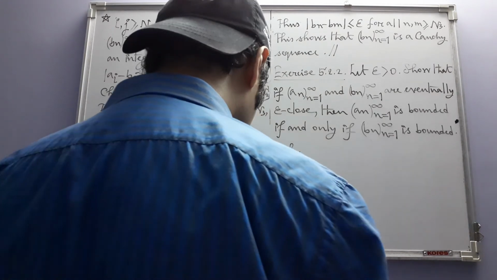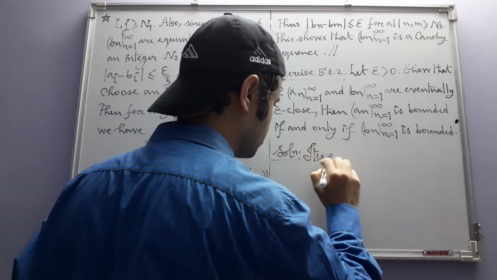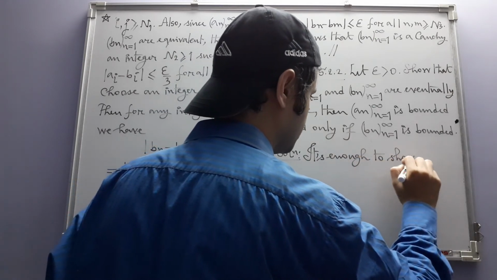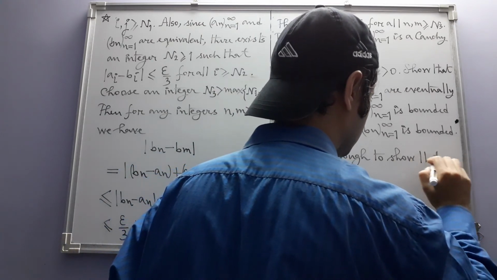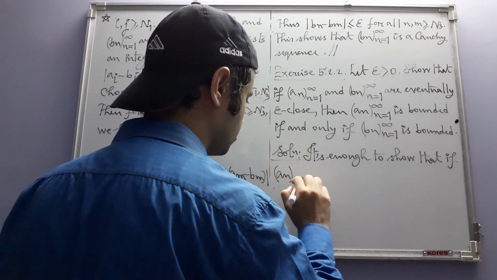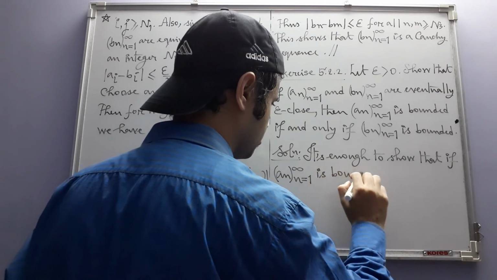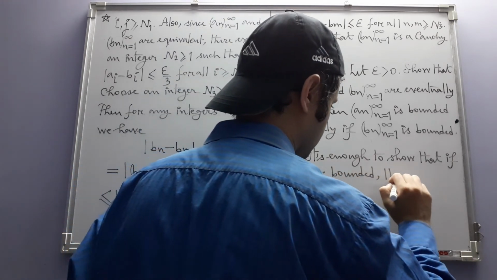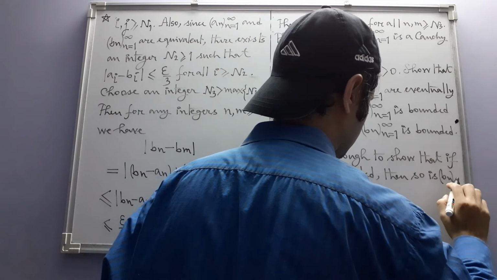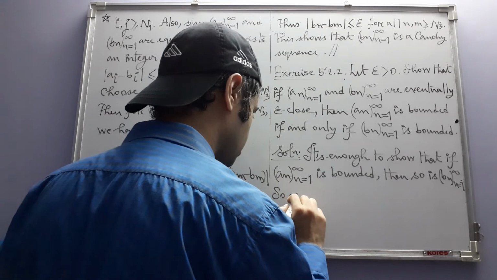Okay, so to solve this one, it's enough to show that if an is bounded, then so is bn.